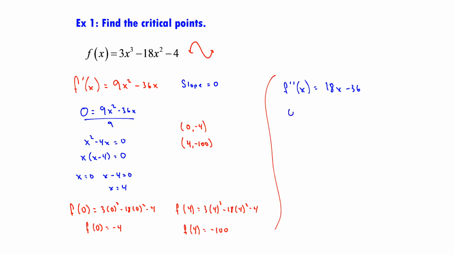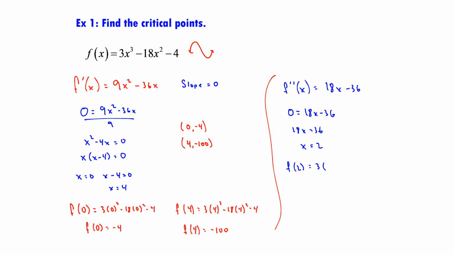So now we're going to solve for a linear equation. We'll set it equal to 0 just like we did with the first derivative. Add 36, divide by 18. We get x equals 2. We want to find the actual critical point though, so we're going to plug 2 into the function.